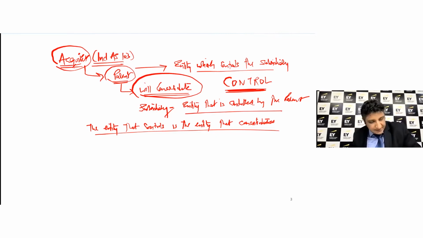Acquisition of a business suggests control of the business, and that's where a parent and a subsidiary relationship is formed.